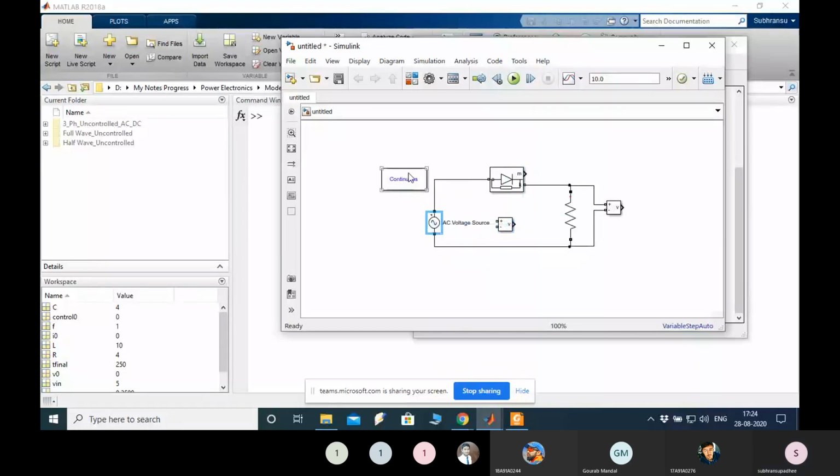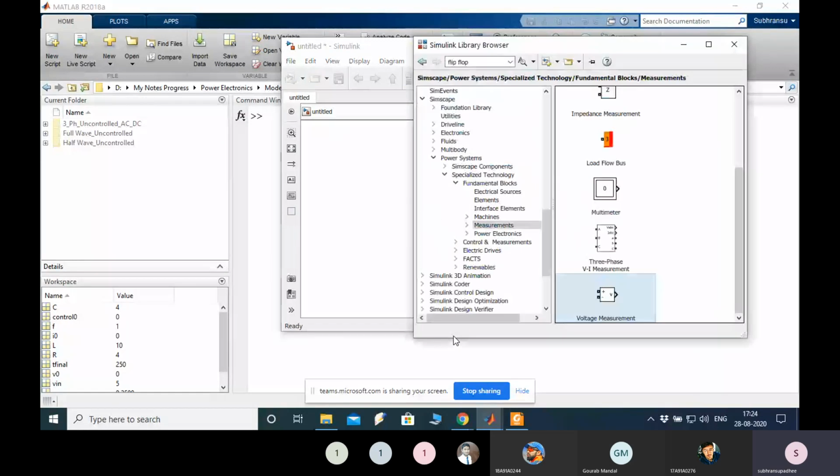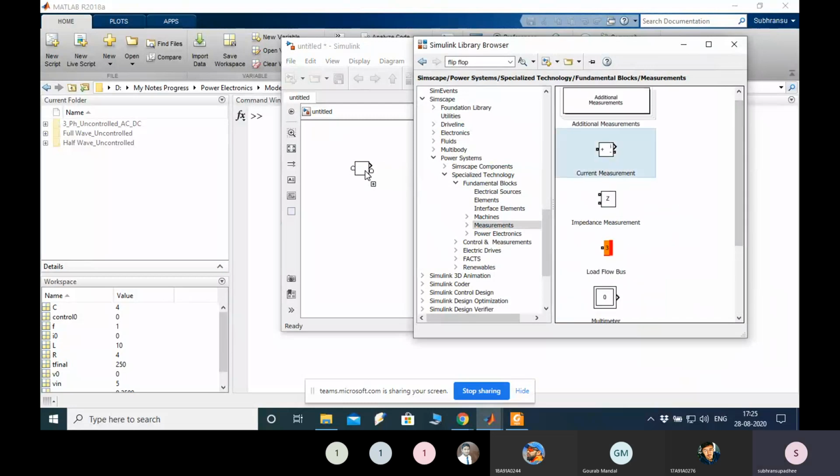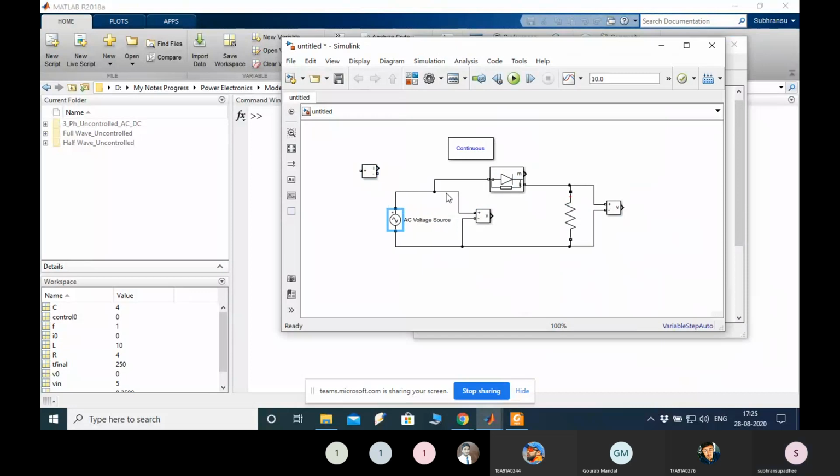Here we are doing it. Then go to current measurement, for the source current and load current.